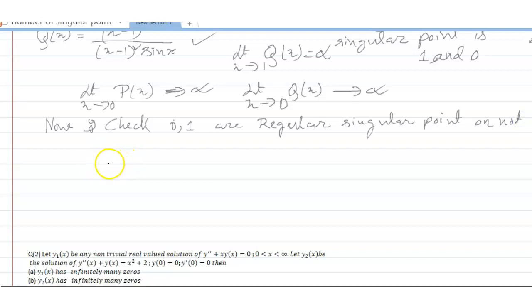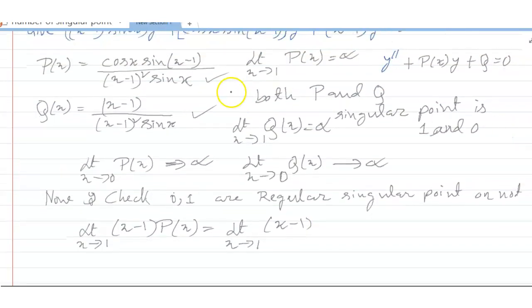So friends, how can I solve this? Limit x tends to 1 (x minus 1) p(x) equals to limit x tends to 1 (x minus 1) times, what is the p(x) value, friends? You will see p(x) value is cos x sin(x minus 1) divided by (x minus 1)^2 sin x.